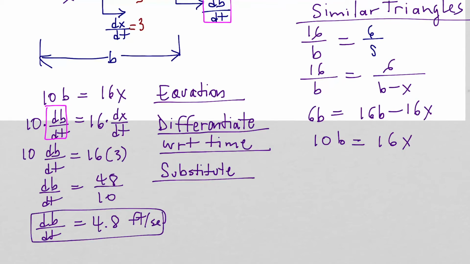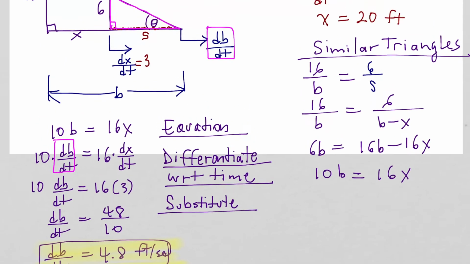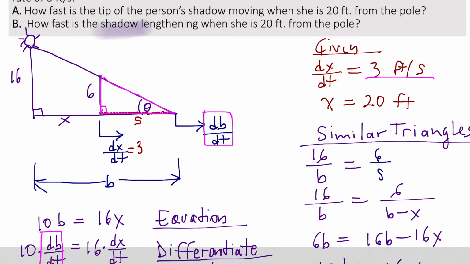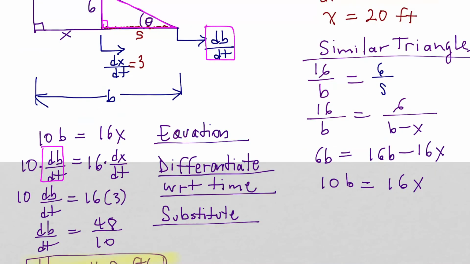All right, so we've got that now. The next part is B. B says, how fast is the shadow lengthening when she's 20 feet from the pole? So that means we want the change in the length of the shadow with respect to time. That would be ds/dt.